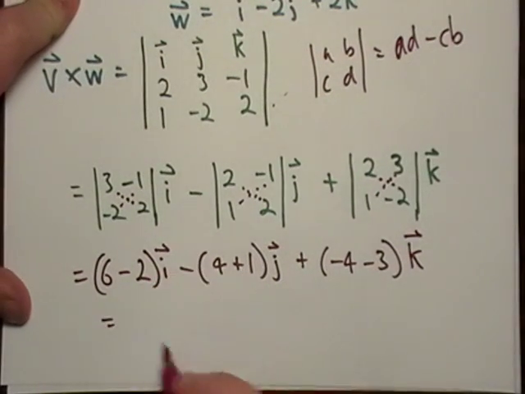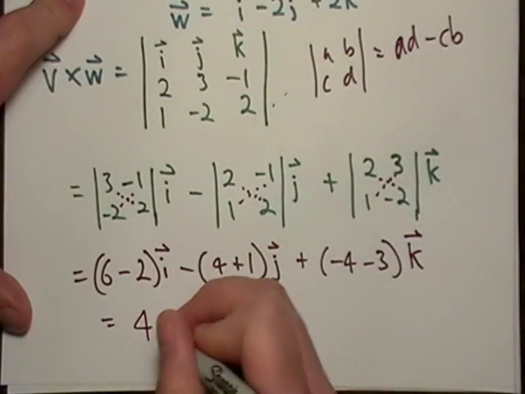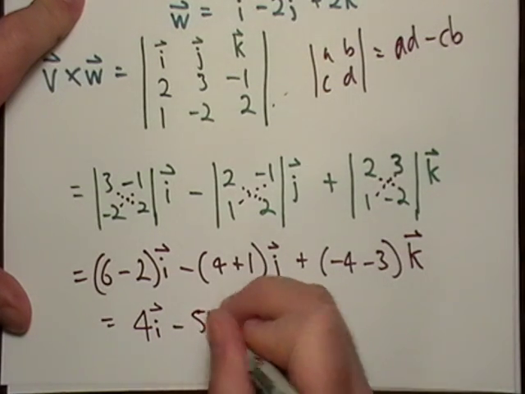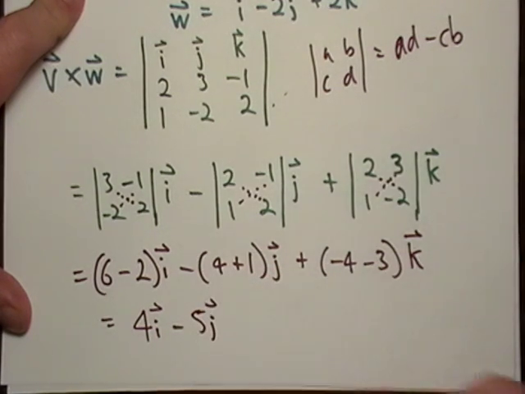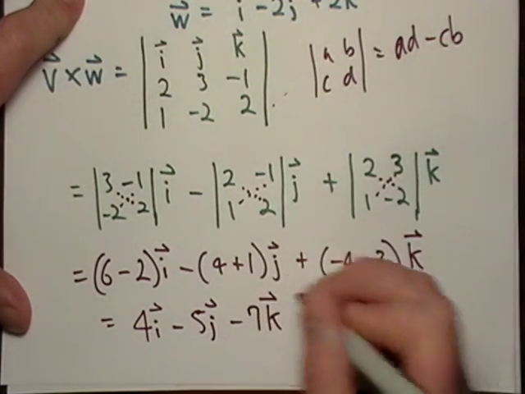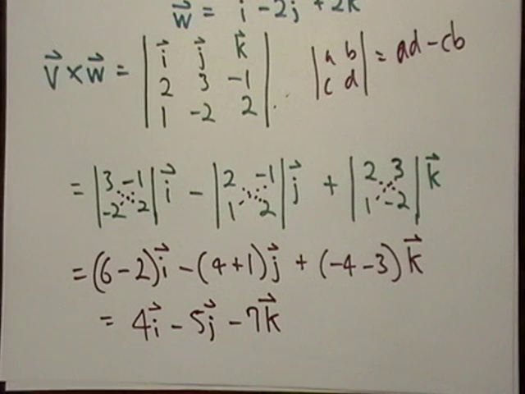Now we're just going to simplify this a little more, and what do we get? We get 4i minus 5j minus 7k. That's basically the process, and like I said, there's more to it.